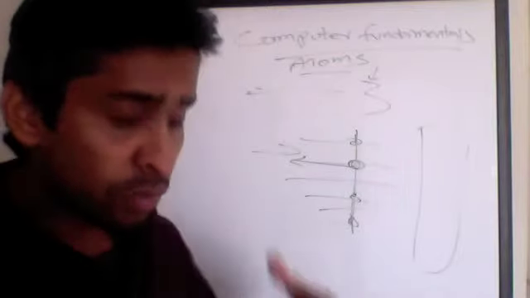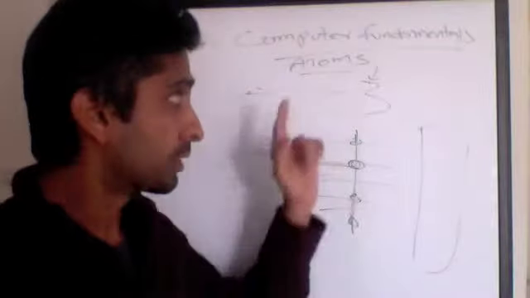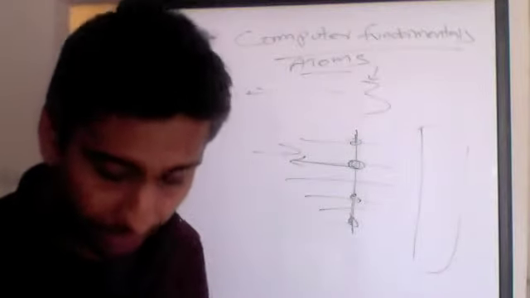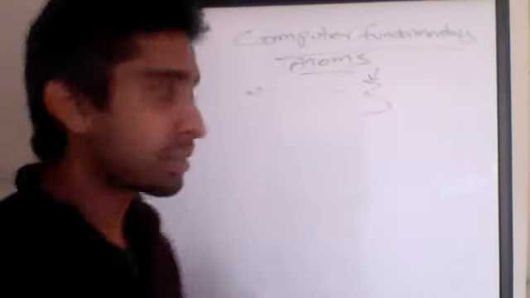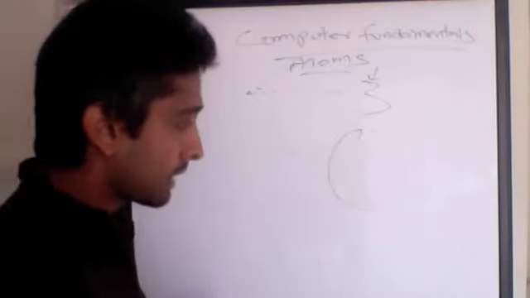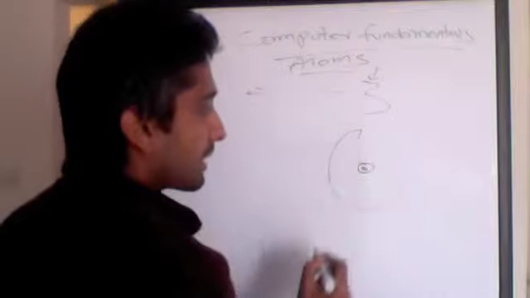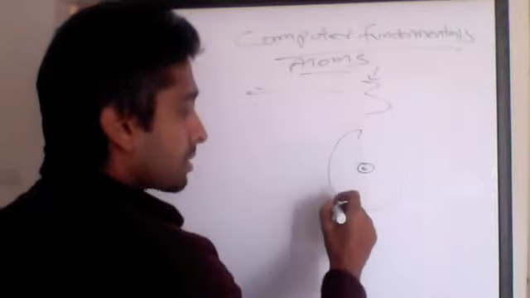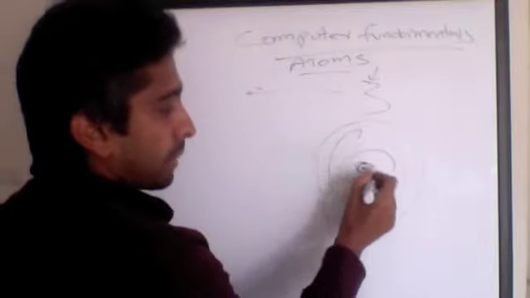So that was the beginning of disproving J.J. Thomson's model of the atom. What Rutherford proposed was that instead of the positive charges being all across the place, they would be concentrated in the center, and the electrons would be orbiting this positive charge.